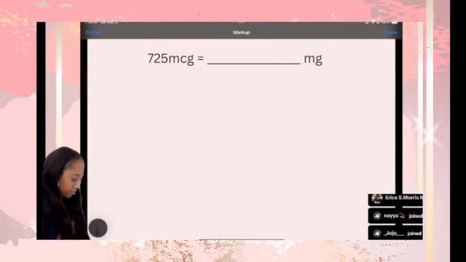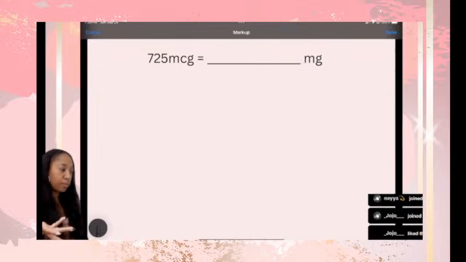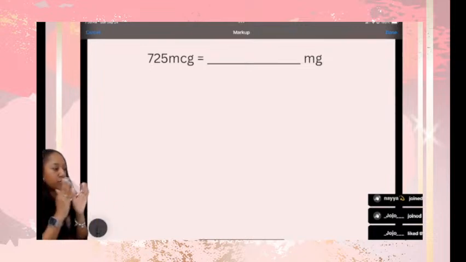All right, so micrograms to milligrams. With metric conversions, you have to know the conversions. There's no way of getting around it. We know the base unit is 1, and from the base unit to kilogram is 1,000. From the base unit to milligram, it's 1,000.